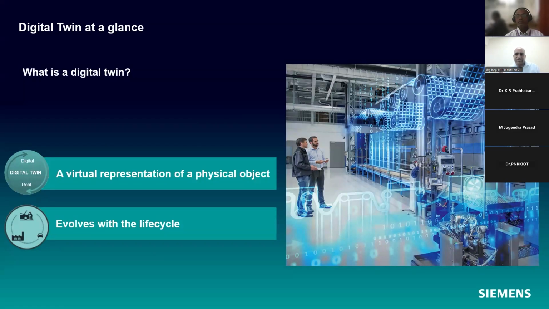There is a separate workflow required for the digital twin, because the subject itself is very large, and the most important aspect of it is, how do we create a digital twin? You can actually create a digital twin for a light and a fan, or for a complex machinery, or it could be a boiler, or a turbine, whatever.